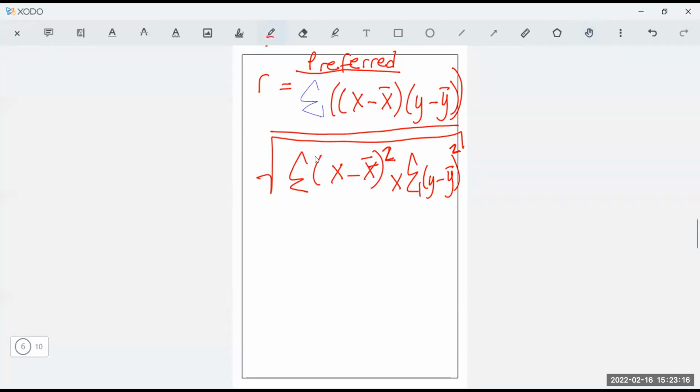All right. Now the next formula that we're going to use is the one that is coming on the formula sheet.